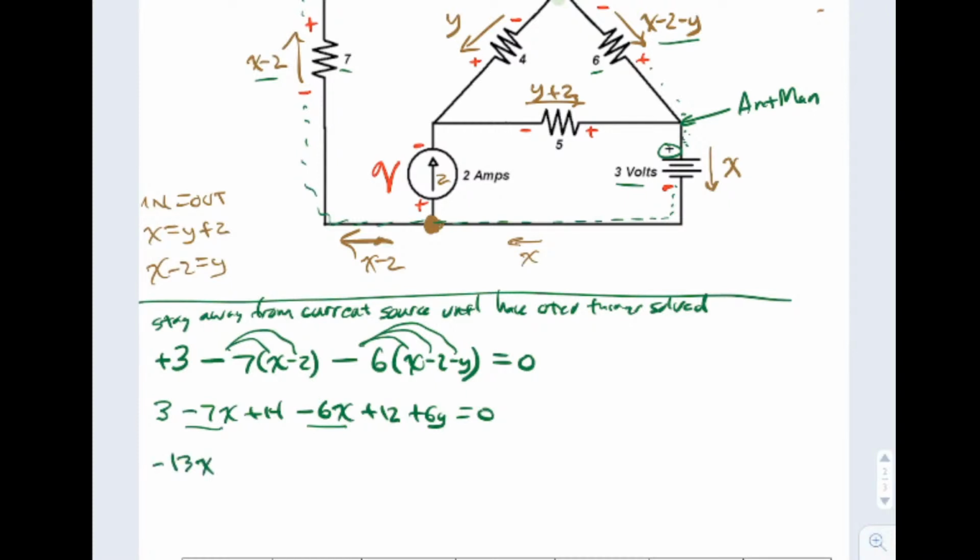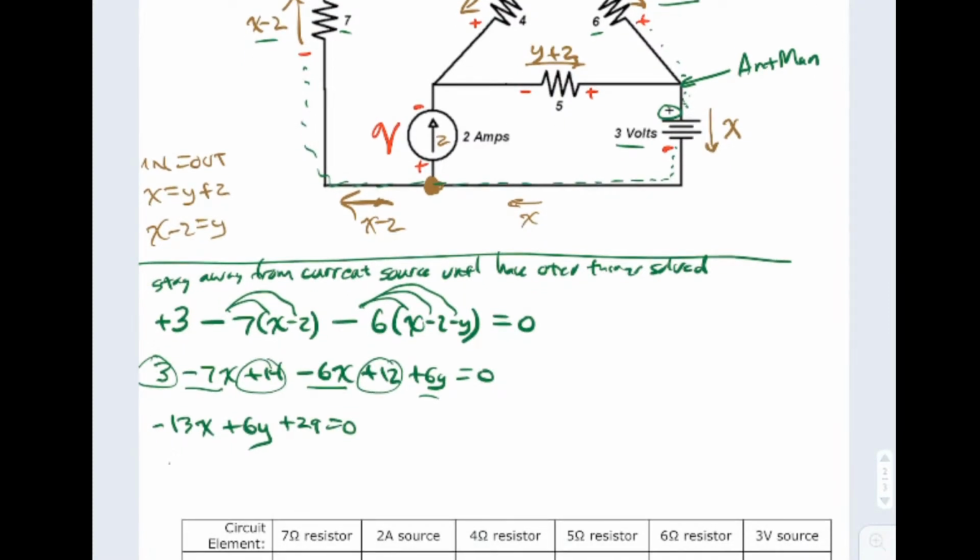Y terms, I've only got the one y term, 6y. That takes care of that. And now I got to put my numbers together. I got a 3 plus 14 is 17, plus 12 is 29. That equals 0. And to get it into real standard form, my last thing is to subtract 29 on both sides. And here we go. That's my equation 1. Nifty difty.